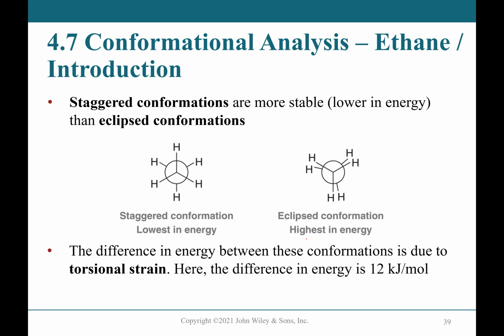And eclipsed, why is it highest in energy? Because these are going to really repel each other right here. They're being really close, so it's going to repel each other the most. So that'd be the highest in energy. This is the most stable conformation right here, because they're further away from each other. They're not eclipsed on top of each other.